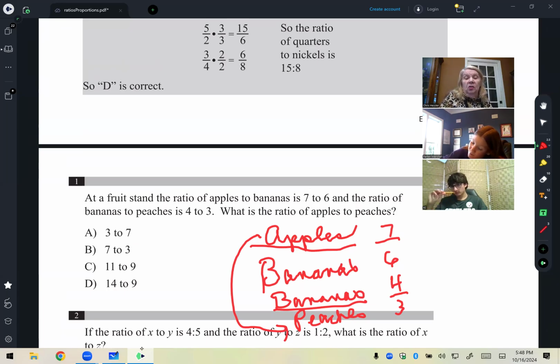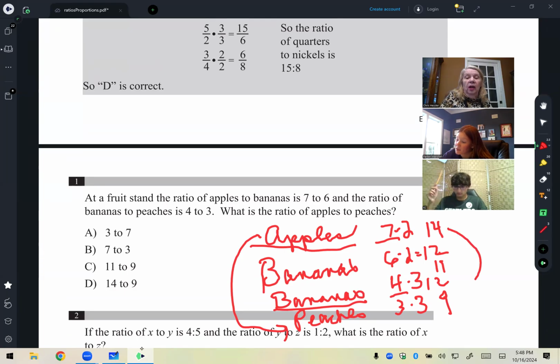So let's just pick 12. So we're going to multiply this by 2, this by 2, this by 3. So now the bananas are equal. This by 3. So since the 12s are equal, we'll get 14 to 9.